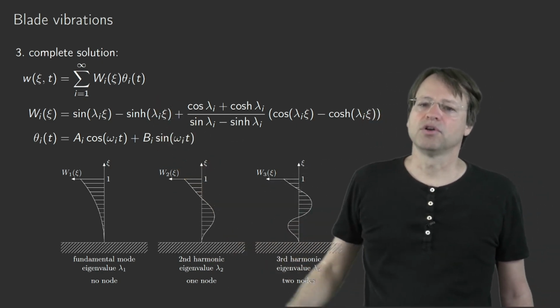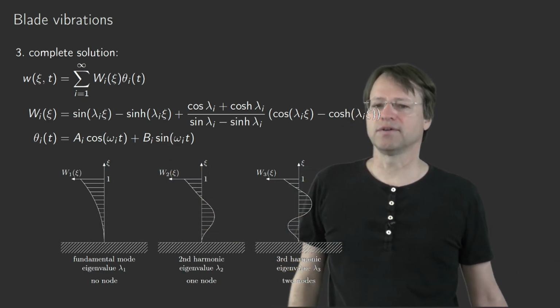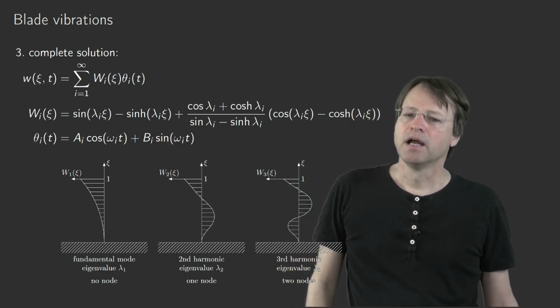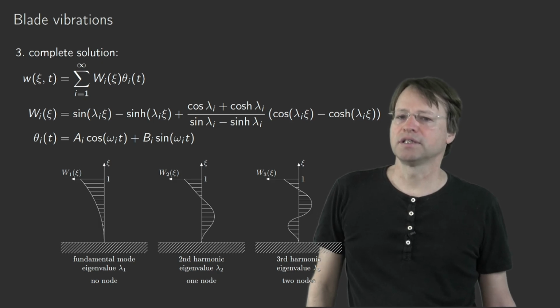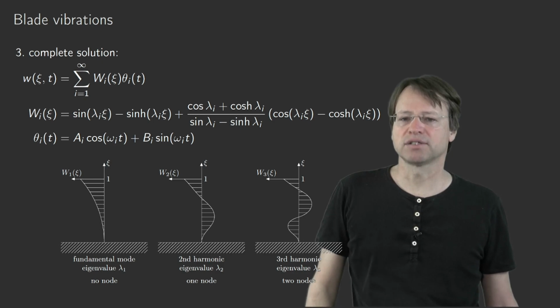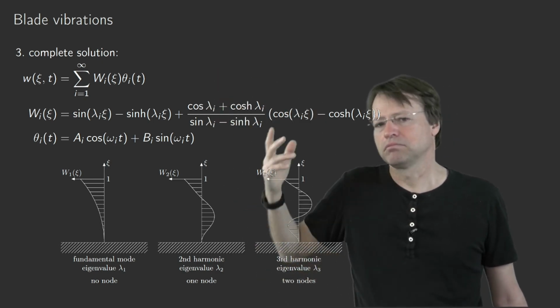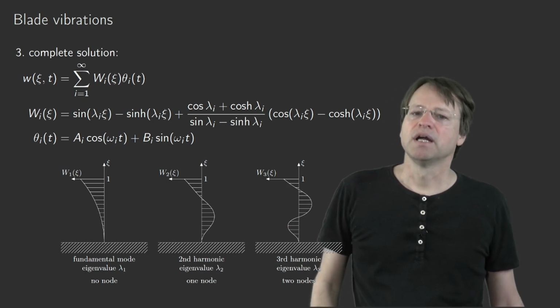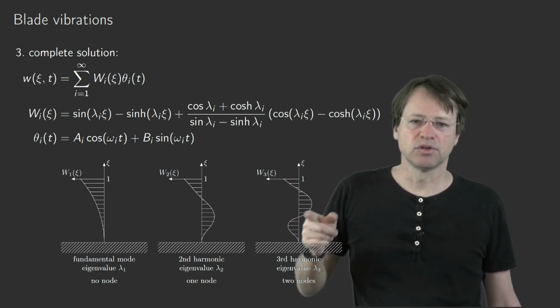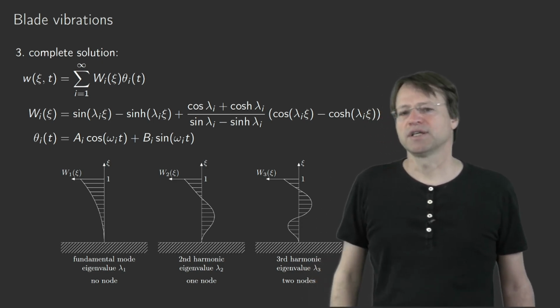In order to determine the two sets of integration constants that appear here, you would apply orthogonality relationships. You would multiply both sides of the equation by some mode shape, W_j for example, and then integrate with respect to Xi between 0 and 1.